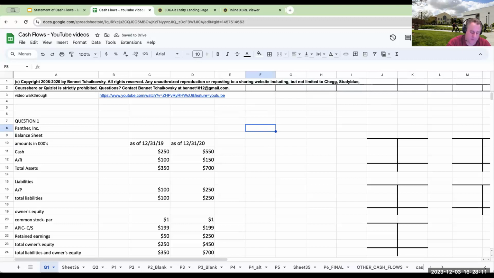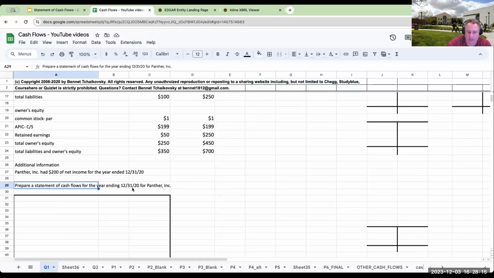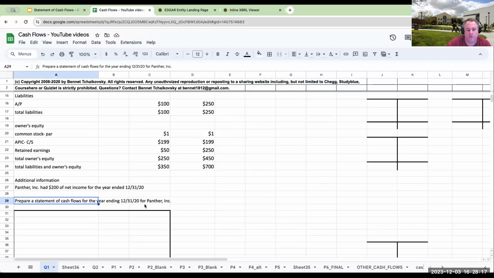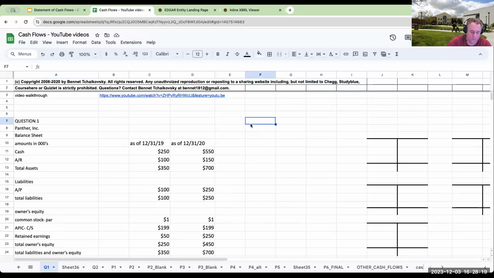When we're setting up a skeleton, we're being asked to make a statement of cash flows for the year ended 12/31/20 for Panther Inc. So we're going to have Panther Inc. statement of cash flows for the year ended 12/31/20. We have three sections.